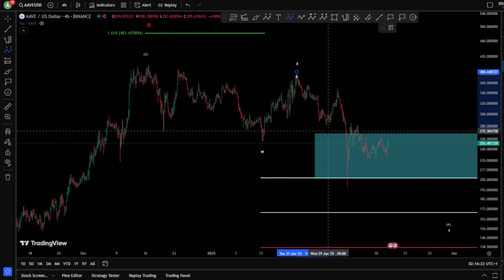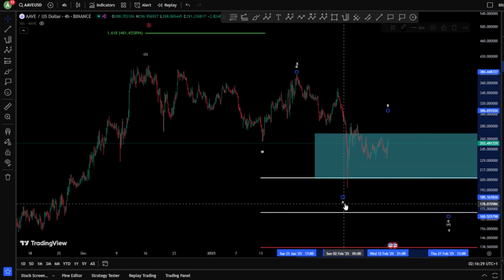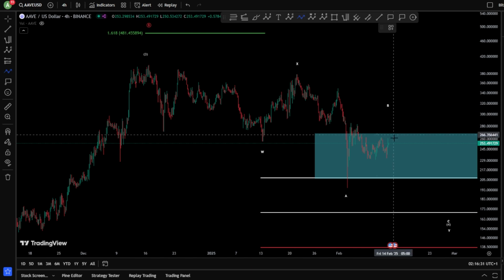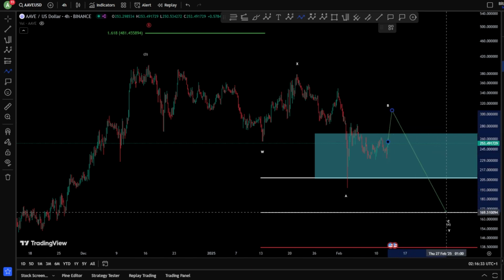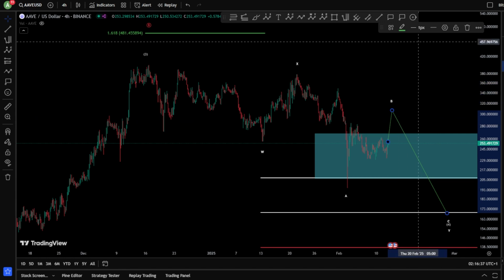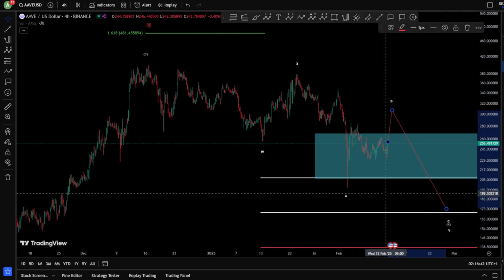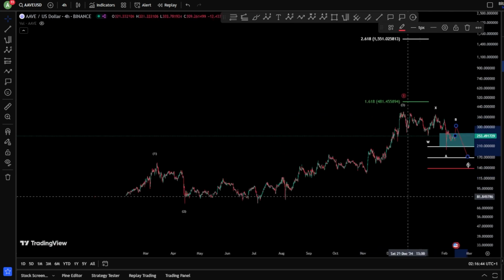It's against the rules. And I'm expecting then A, B, and a C. This is what I'm expecting actually. This is exactly what might happen, something like this. Here we go. So if this is the case scenario, then of course we're going to see some lower prices.